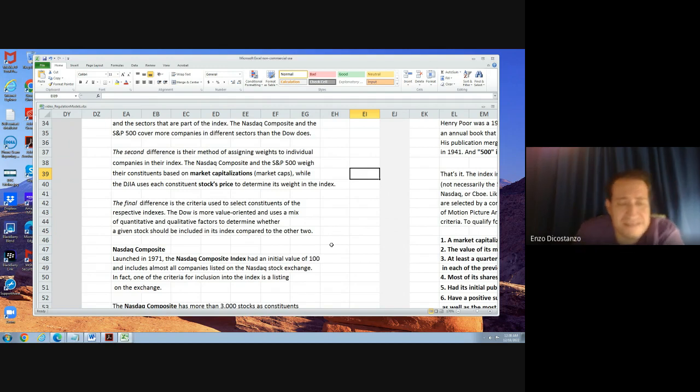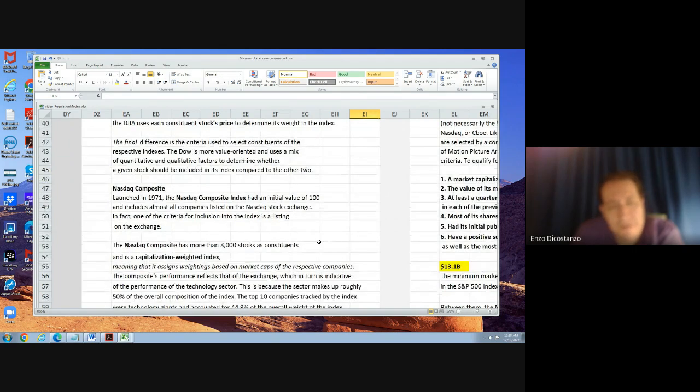Okay, the Nasdaq came about in the 70s at an initial value of 100, and I think now it's 30 times that or something. It's many times that initial index. One of the criteria for inclusion is a listing on an exchange. So the Nasdaq has more than 300 stocks as constituents and it's a capitalization weighted index, meaning that it assigns weights based on the market cap of the respective companies.